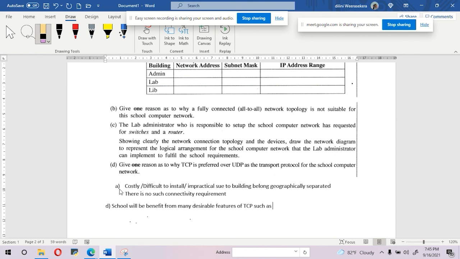One is you can say the reliable connectivity, reliability. Okay, in order delivery.